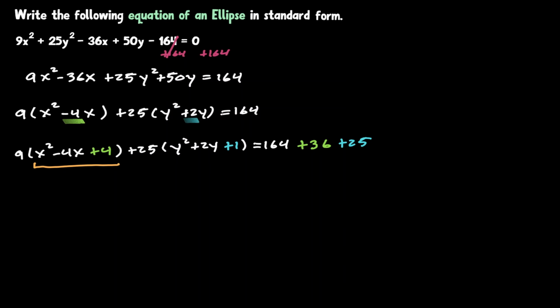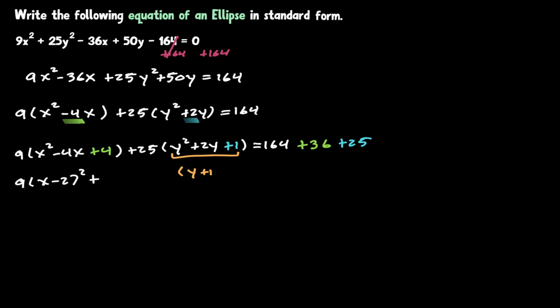Well, notice that when I take a look at all those terms inside the first parenthesis, I can factor this expression. We can do it by multiplying x minus 2 times x minus 2, which is equivalent to (x minus 2) raised to the second. That is what we wanted to do. We wanted to complete the square. So let's rewrite it. When I take a look at those terms in relation to y, we can factor that expression as well.